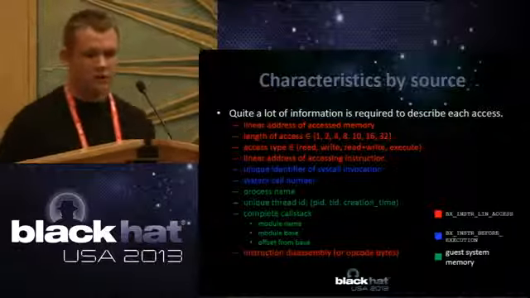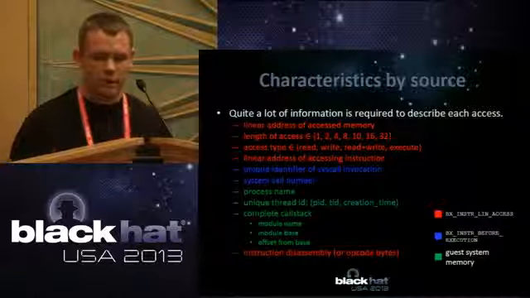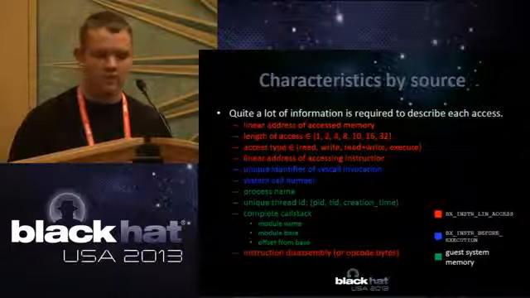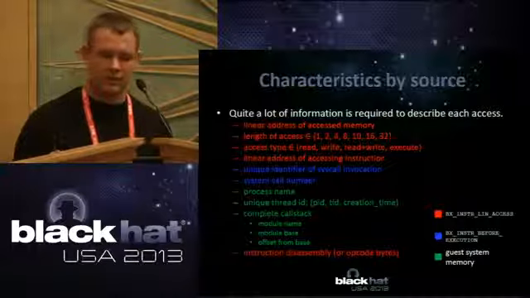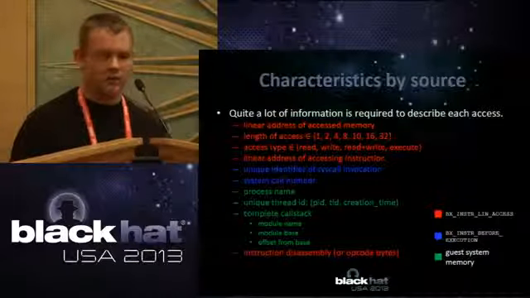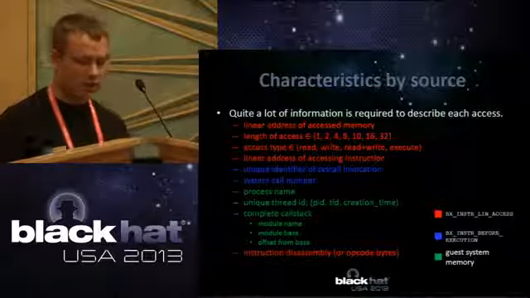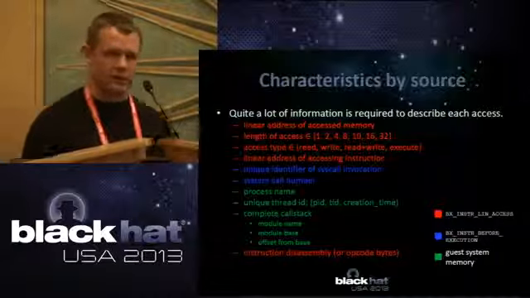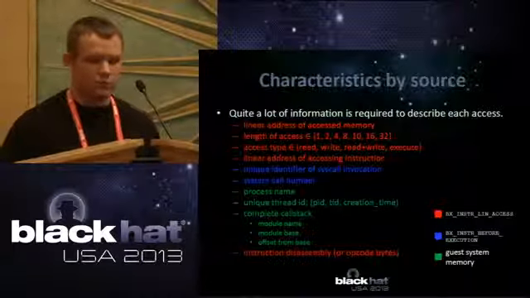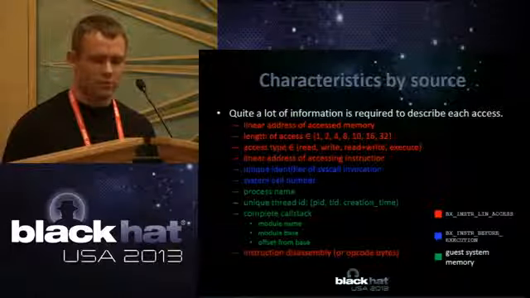And we can also group these types of information by the source of where we take them. So we again have three groups. The first one is information that is provided by the linear memory access callback that we have from Bochspwn. Then we also have information that we get from the other type of callback, which is the one that is invoked before the instruction is executed. And we need that because we have to know about all system calls that take place within the operating system.